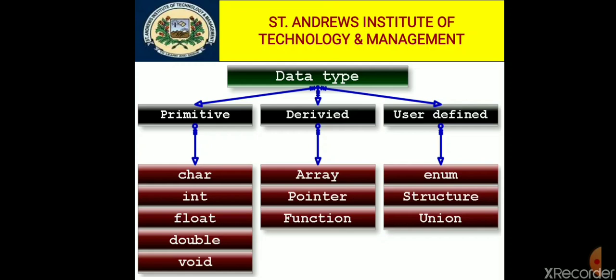There are 5 types of primitive data type as you show here. So first of all, what is primitive data type? These are the data types that are not composed of any other data type. And there are 5 primitive data types.